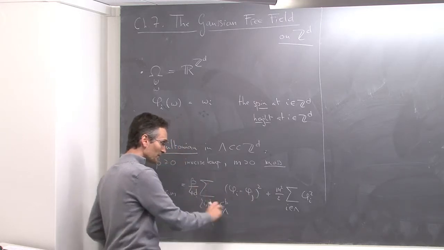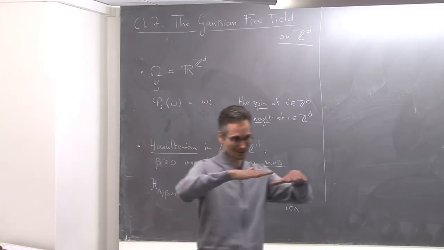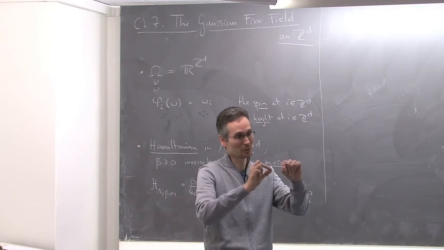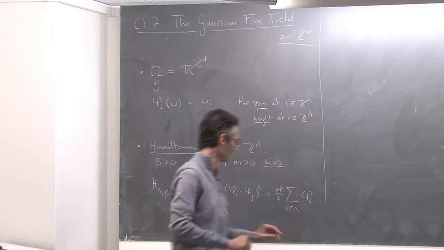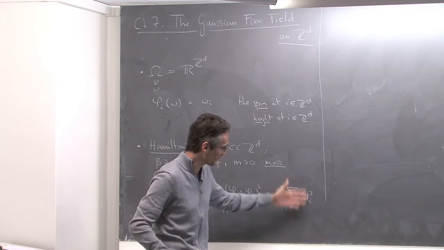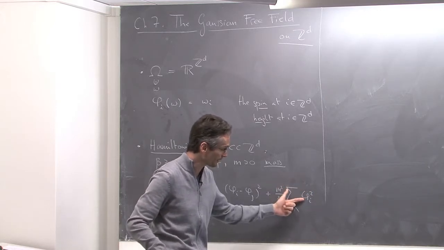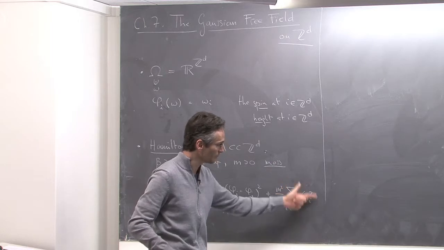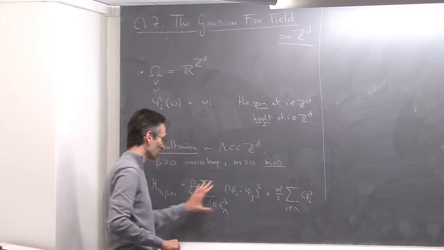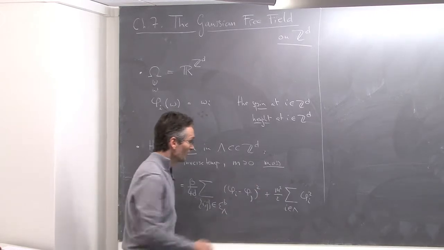So this term has a tendency to make the gradient small, so a vertex has to take a value close to the values of its neighbors. And the role of the second term is to make everybody small. Because of the phi_i squared, you want all the heights to be close to 0. So these are the effects of these two terms.